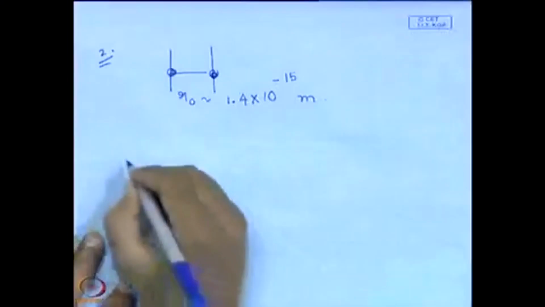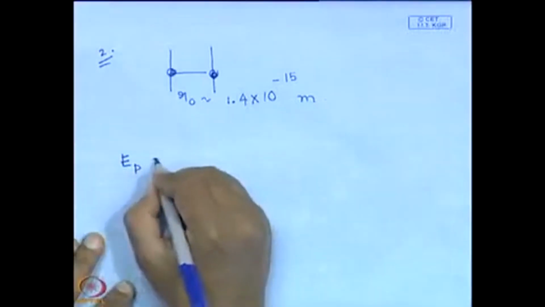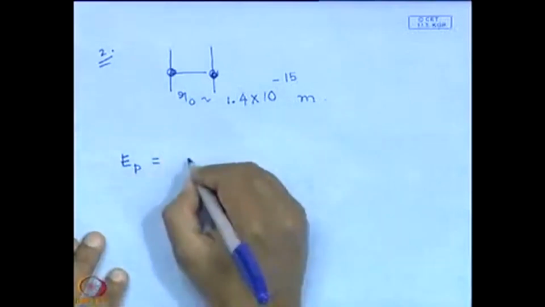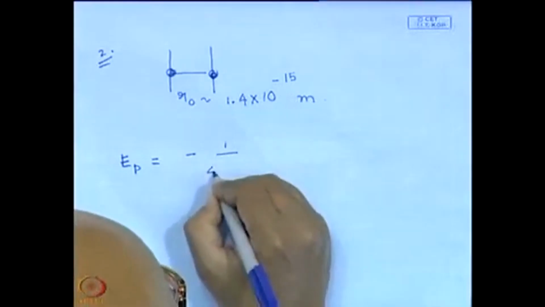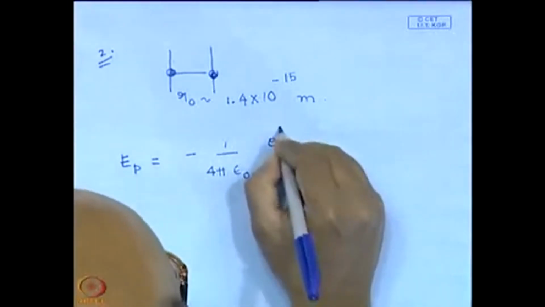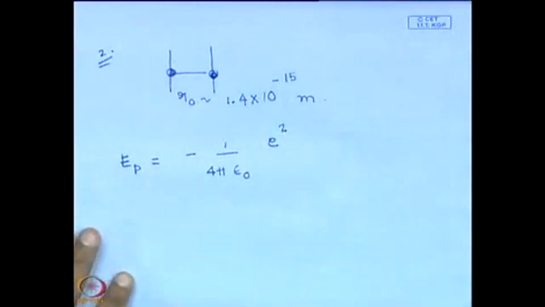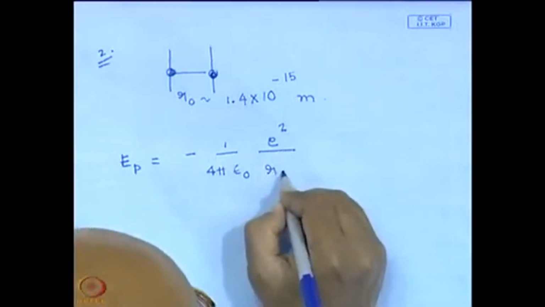So, let us estimate the potential energy of such a configuration: 1 by 4 pi epsilon naught into the charge of the proton, which is the same as the charge of the electron, e square by r naught.